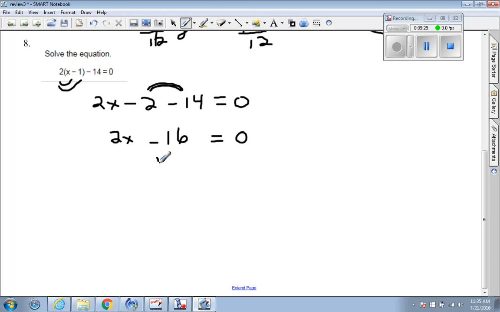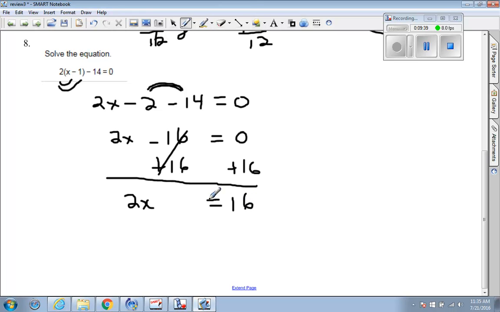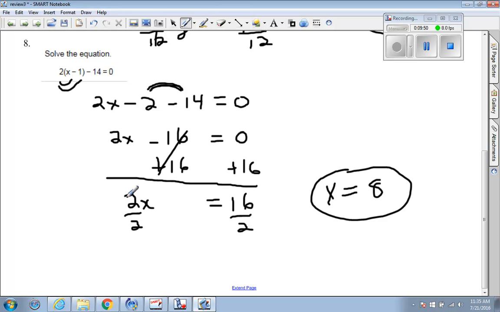And then I want to add 16 to the other side, again using the add up property of equality. So now I have 2x equals 16. And you want to do the mental math. You're thinking x is 8. Which is good. If you want to write out a step, you use the division property of equality and divide both sides by 2. So you'd have x equals 16 divided by 2, which is 8. Okay. Let's head to the next one.